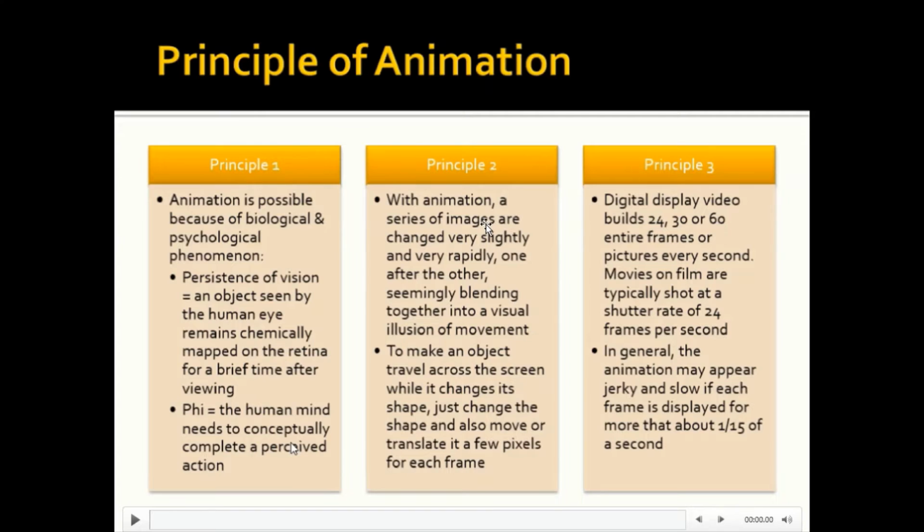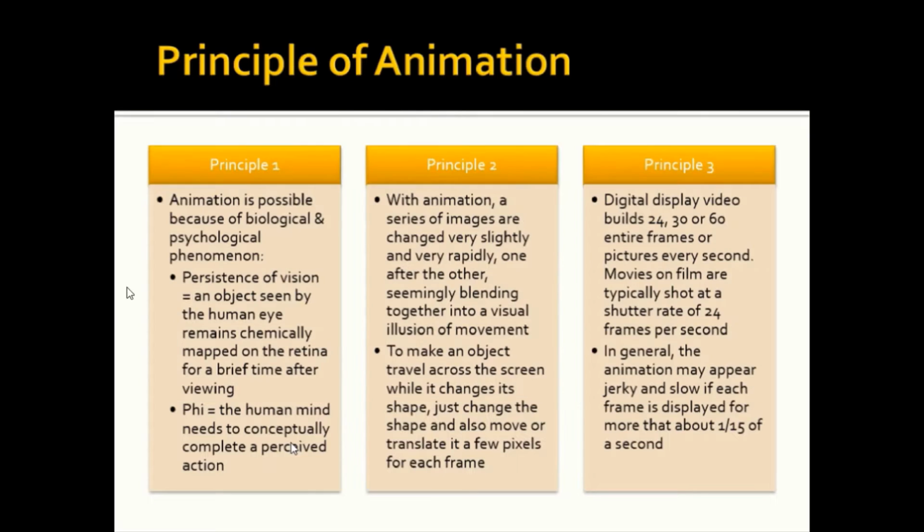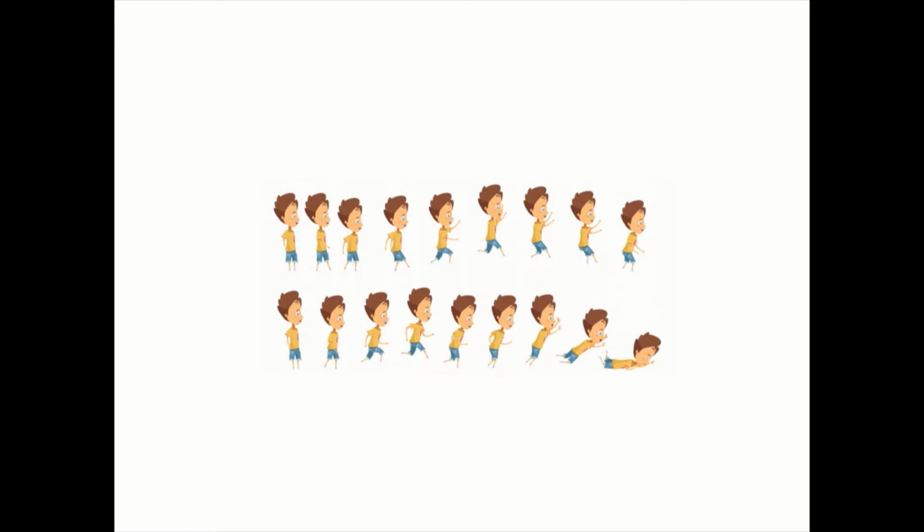Okay, so let's look at the second principle. With the second principle, an animation can be built by a series of images. For example, let's try to look at this picture and this and this. This picture was actually a series of images.